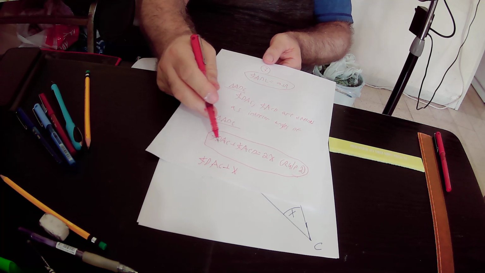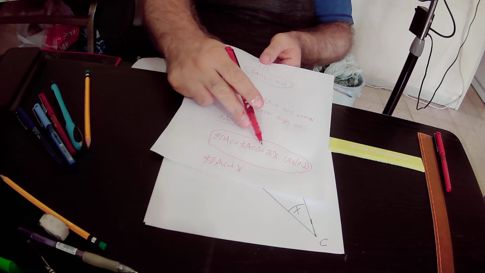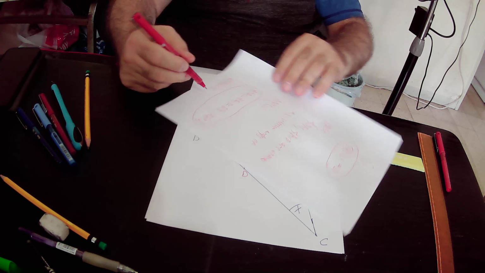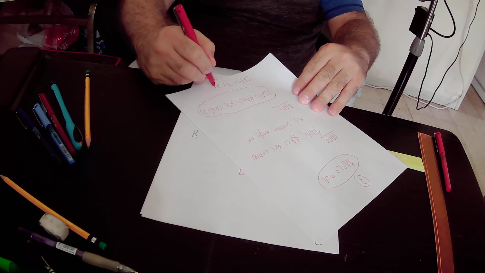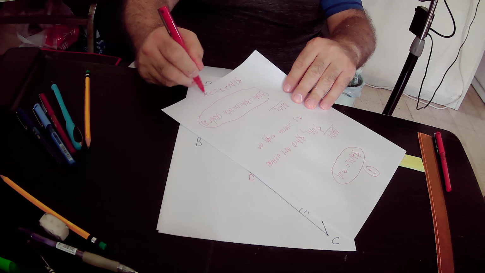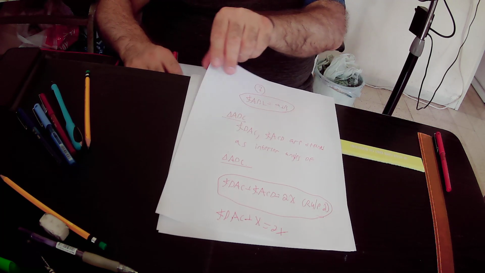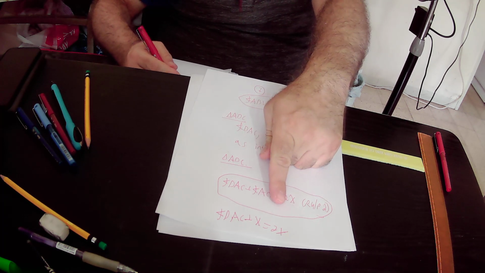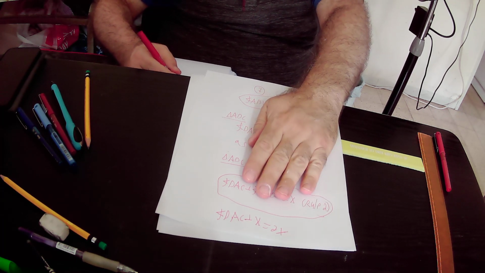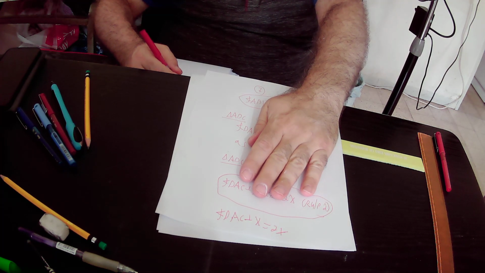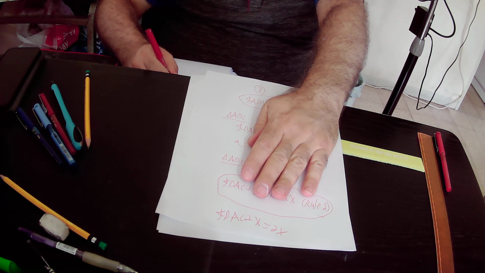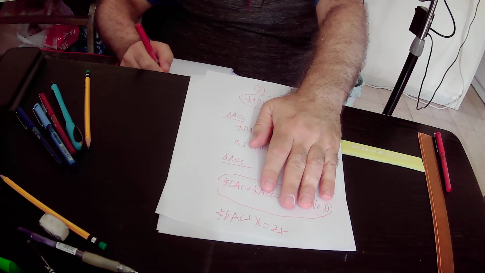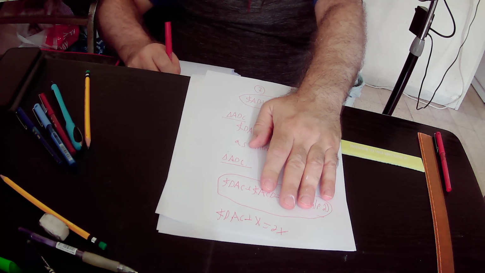So angle DAC plus x will be equal to 2x. Here we can subtract x from this equality, and we will get that angle DAC equals 2x minus x, that is x degrees.